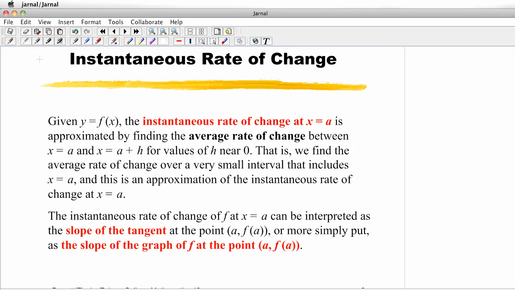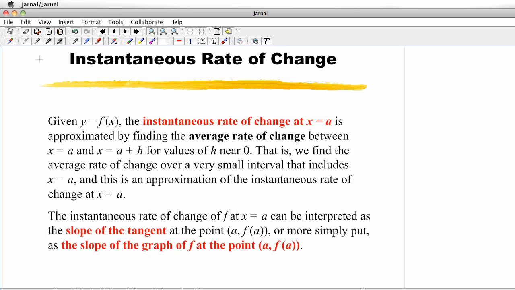The reason for a small interval, just like with the example of the radar gun, when the cop clocks me going 78 miles an hour, the radar is doing a calculation of my average rate of change over a very short time period, over milliseconds, because my speed can't change very much over a millisecond of time. So if you calculate my average rate of change over a millisecond of time, then that really is a very good approximation of my actual rate of change.